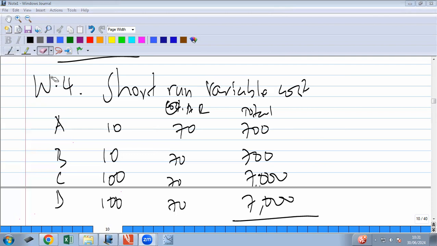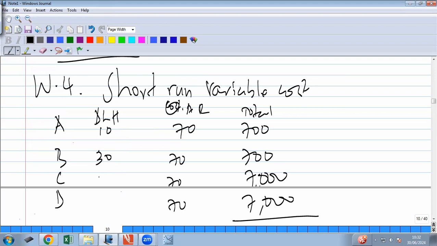So let's come and put it here. Our focus is going to be on direct labor hours. How many hours do we need for product A? We need 10. For product B? 30.